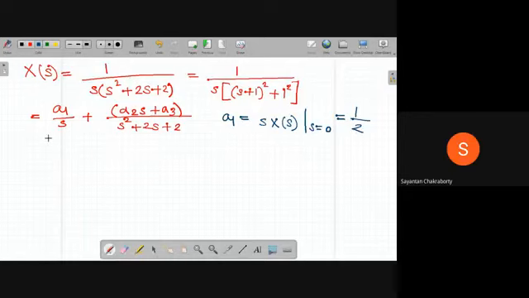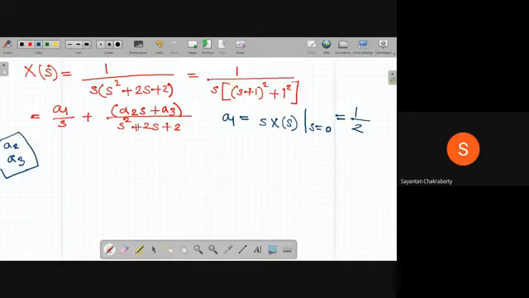Right? Now you have to calculate a2 and a3. How can you calculate that? For that you can follow different methods, but what I will follow here is just expand this left hand side.